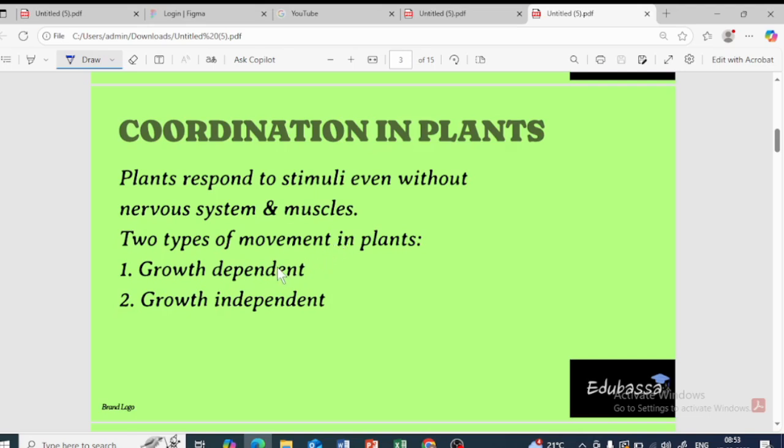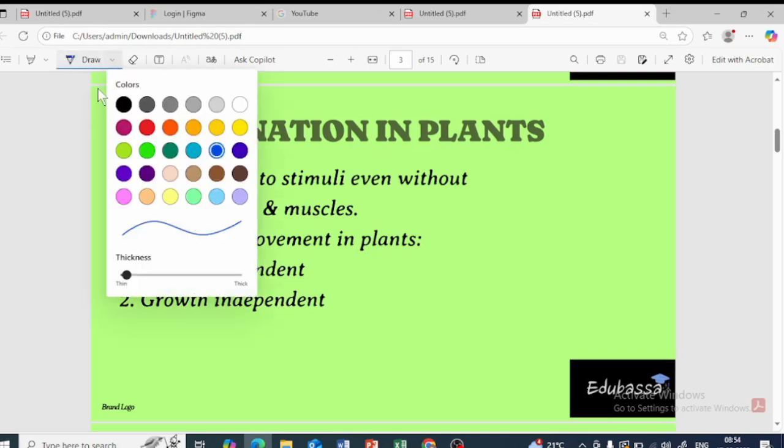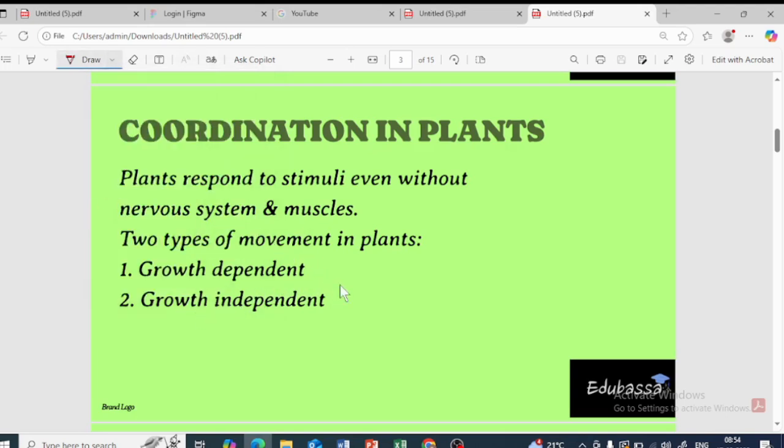So basically there are two types of movements in plants. One is growth dependent movement, and one more is growth independent movement.